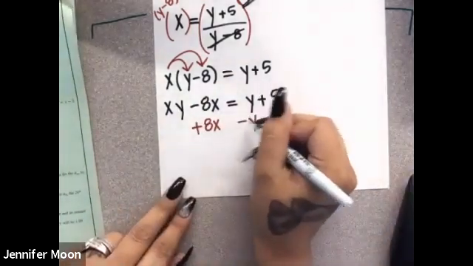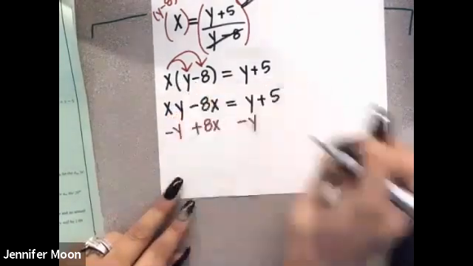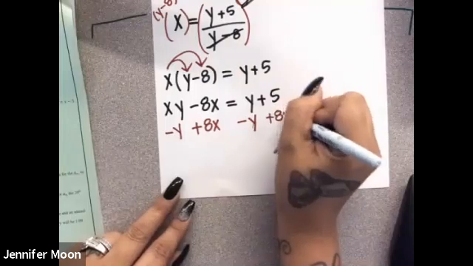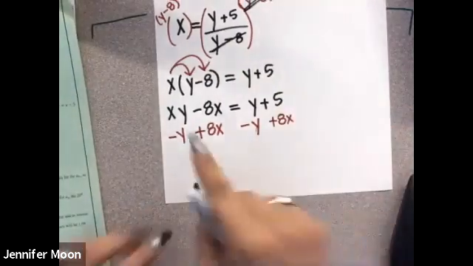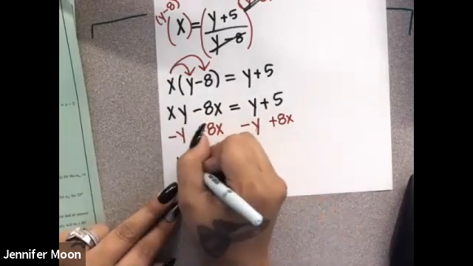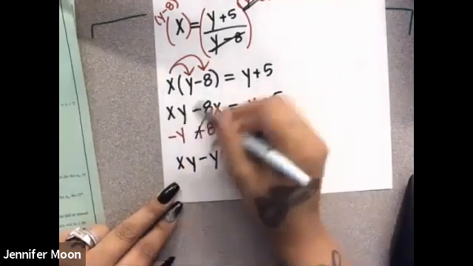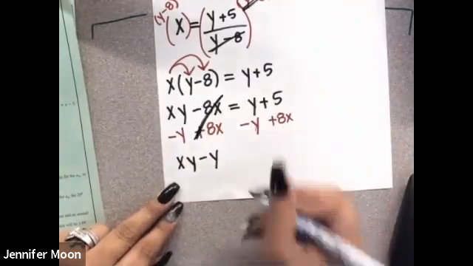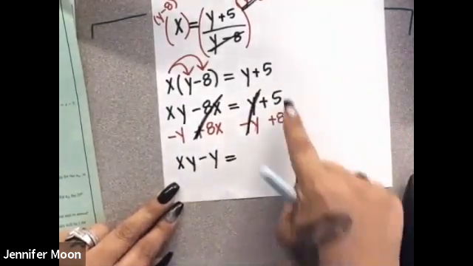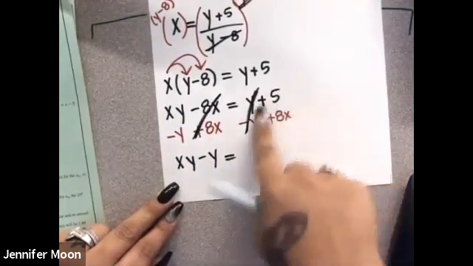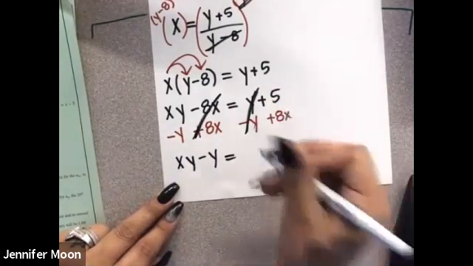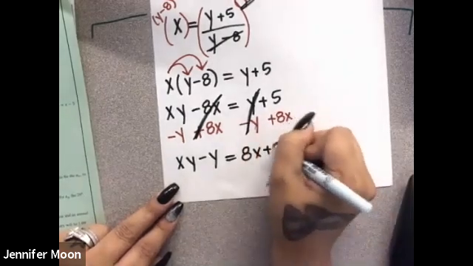If I'm subtracting it from one side, I'm also subtracting it from the other, right? And if I'm adding 8x here, I'm also adding 8x here. Now what I get here, those cannot be combined. They're not like terms. I just have xy minus y. Those cancel. Equals, those cancel. Those are not like terms. You cannot combine them together. That does not become a 13. You just can't, okay? That is literally just 8x plus 5.